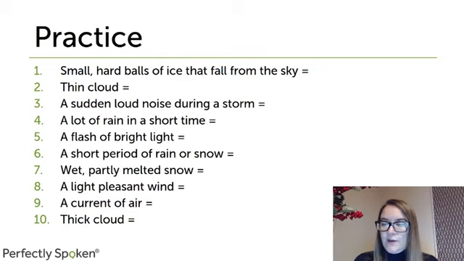Number 5, a flash of bright light. Number 6, a short period of rain or snow. Number 7, wet, partly melted snow. Number 8, a light, pleasant wind. Number 9, a current of air. And number 10, thick cloud.